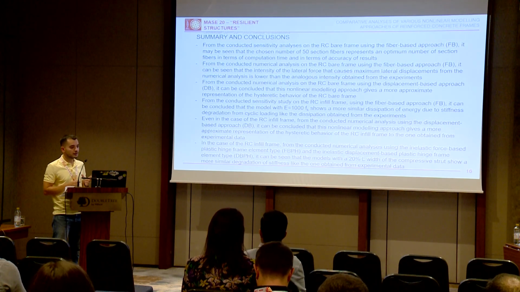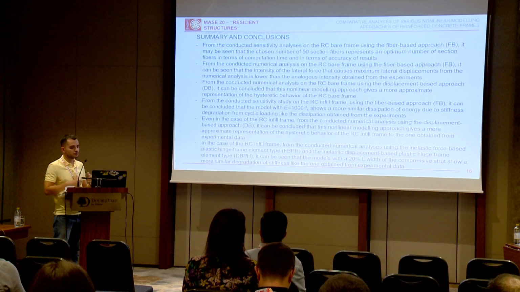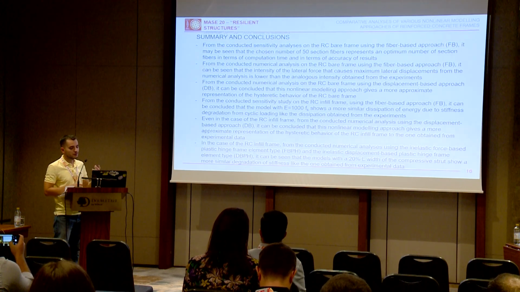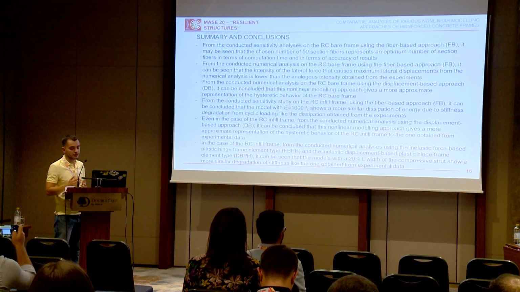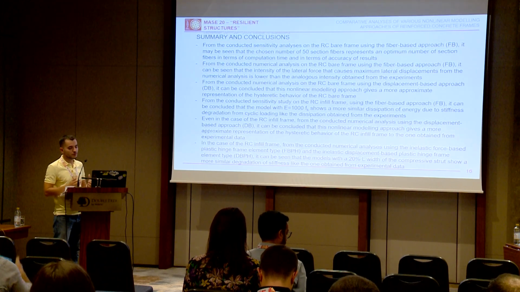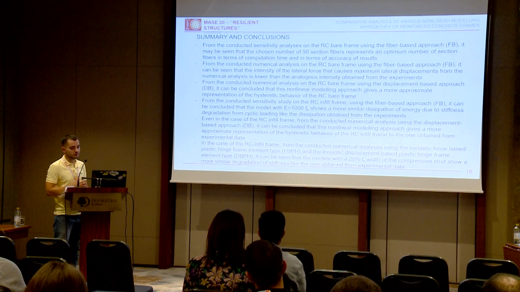Од спроведените анализи е добиено дека пристапот со нелинарно моделирање од модели со влакна со формулација на конечните елементи базирана на поместувања поточно ги отсликува резултатите што се добиени од експериментални испитувања.